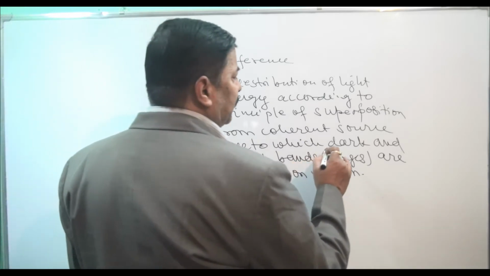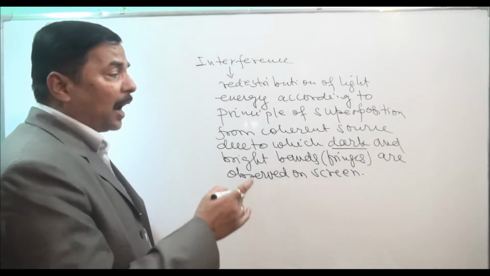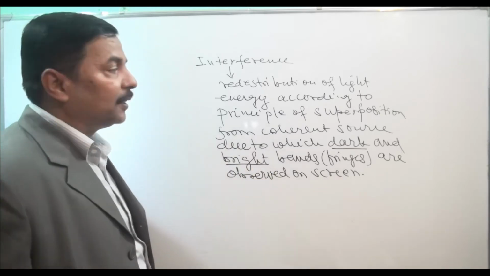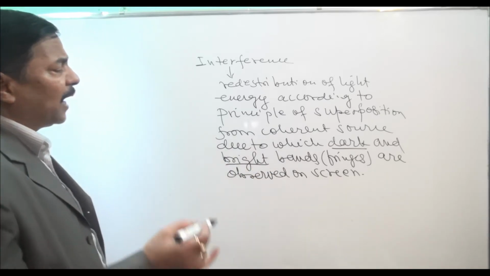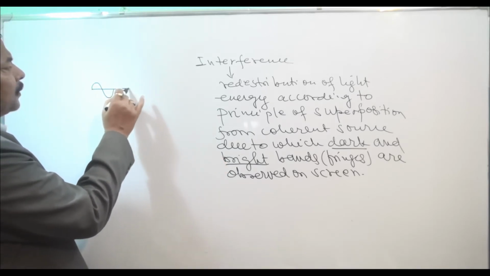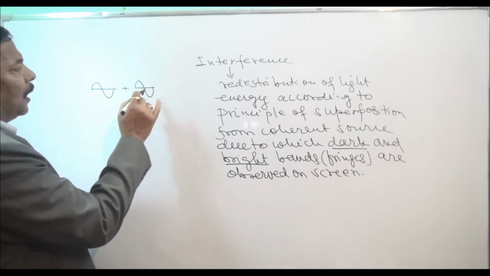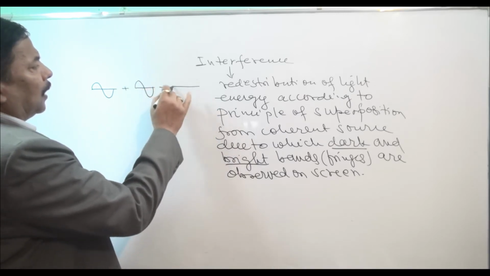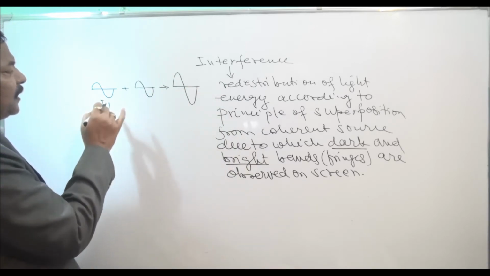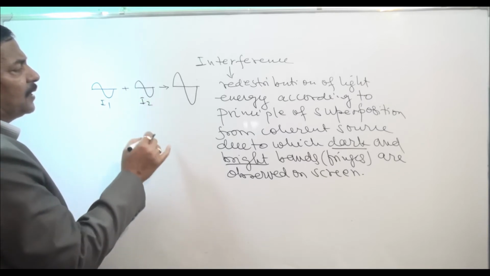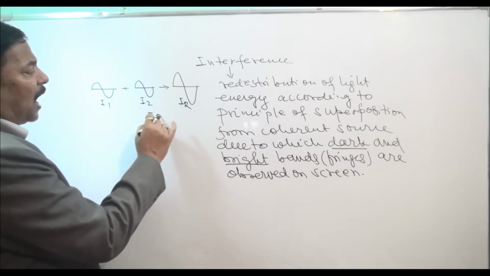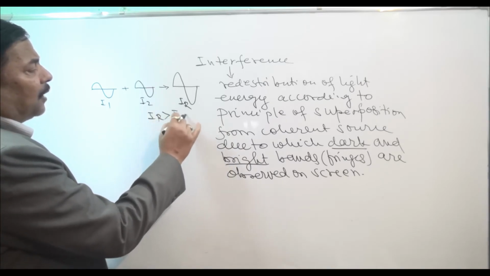Dark bands, why this dark band? A dark band is due to destructive interference, whereas a bright band is due to constructive interference. So this is basically your interference, and in interference, from two coherent sources, if this is the source S1 and its intensity is I1, here its intensity is I2, and here the resultant intensity is IR, then IR is greater than I1 plus I2.